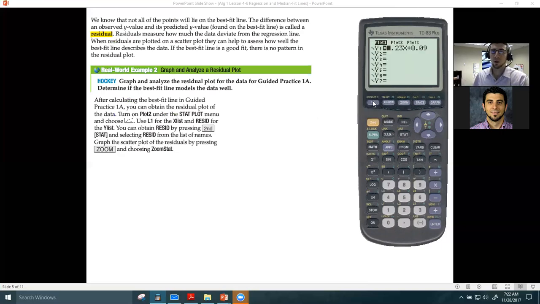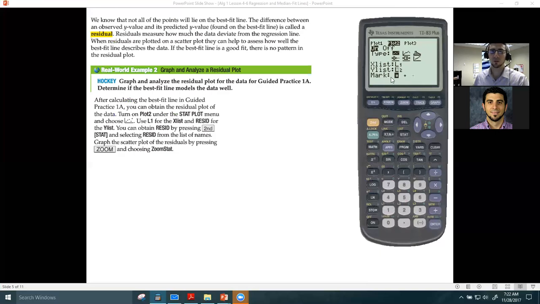So I want to go to y equals and go to stat plot, second stat plot. Now notice 1 is on, so if I hit number 1, I want to turn it off, and then I can go back up to number 2 and turn it on. Hit enter. Make sure the scatter plot is here. Then it says use L1 for XList. It's already in there.